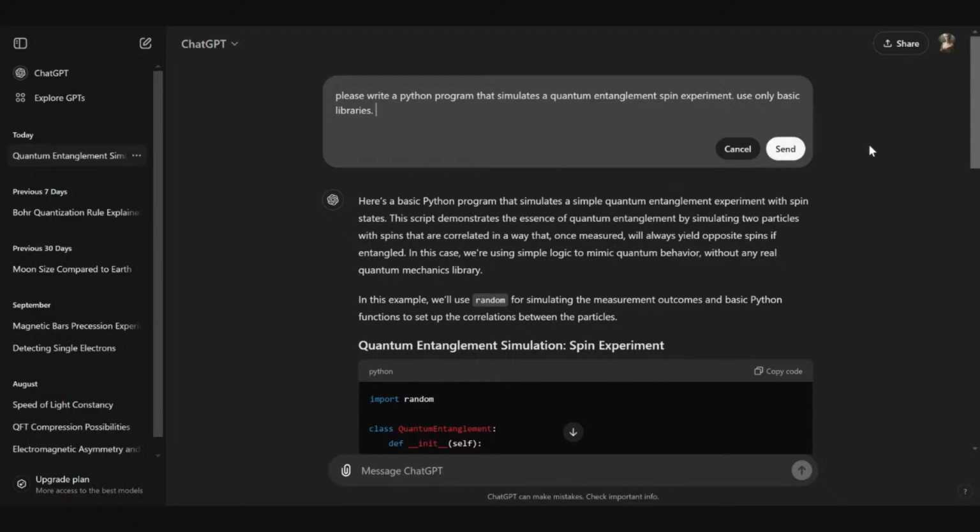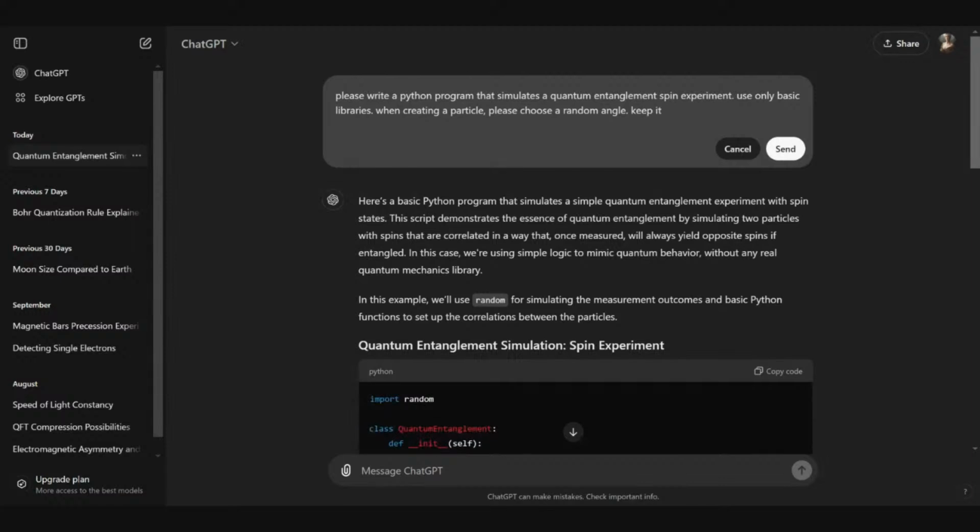Okay, so when creating a particle, please choose a random angle.